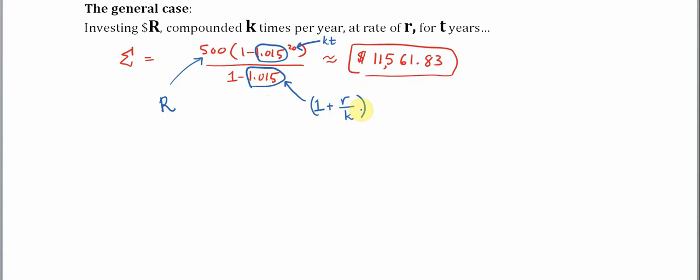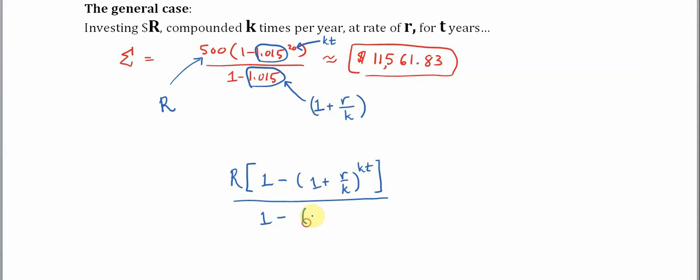If we break down the anatomy of this equation, this is what we get in the general case. Let's put it all together. It would be big R multiplied by 1 minus (1 plus little r over K) raised to the KT, and all of that divided by 1 minus (1 plus r over K).